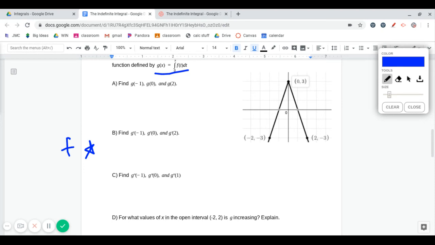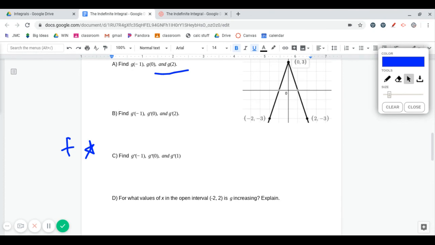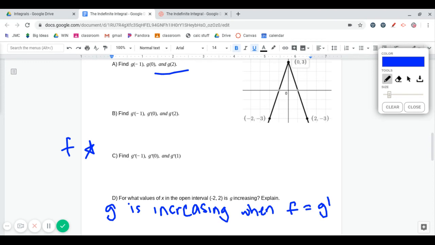So let's see. Let me write this over here. So g is increasing when f, its derivative, when f equals g prime, is greater than 0, is positive.